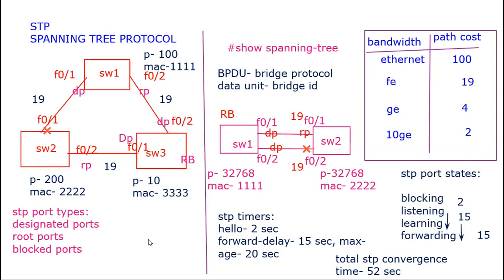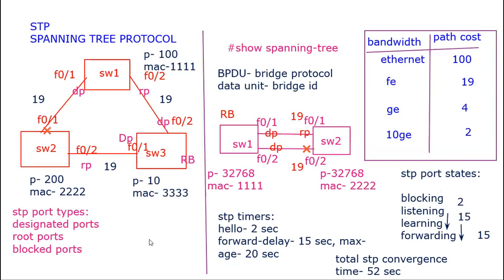There is another enhancement feature by which you can avoid STP converging like this on any port where you do not want STP to take 52 seconds. For example, access ports. Because the switch is connected to a PC, not another switch, you do not have to do the election process between the PC and the switch.